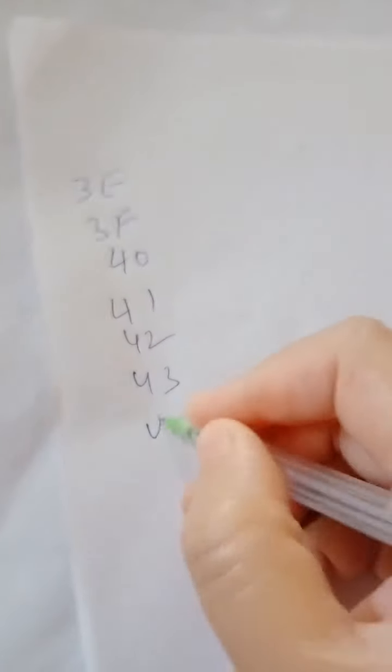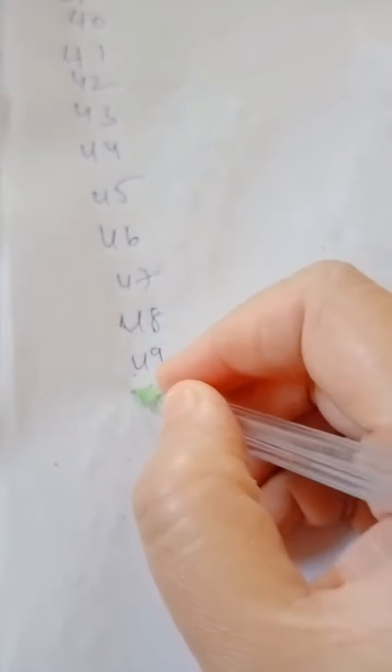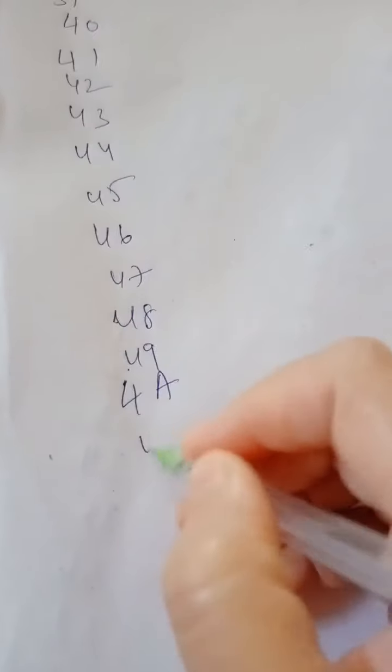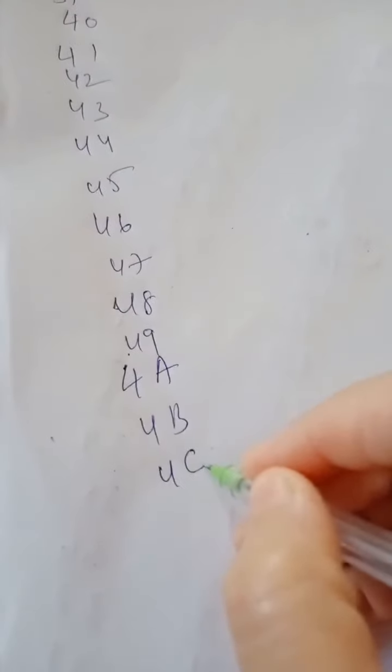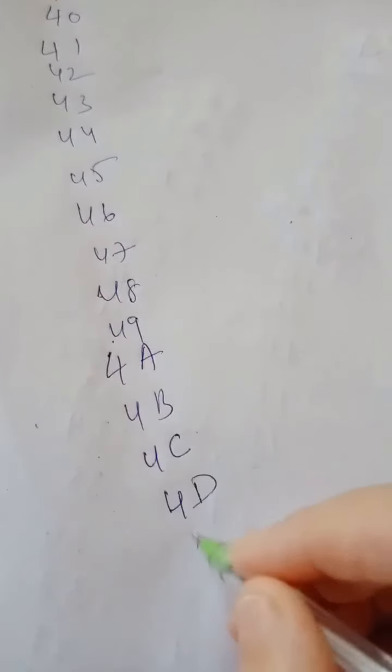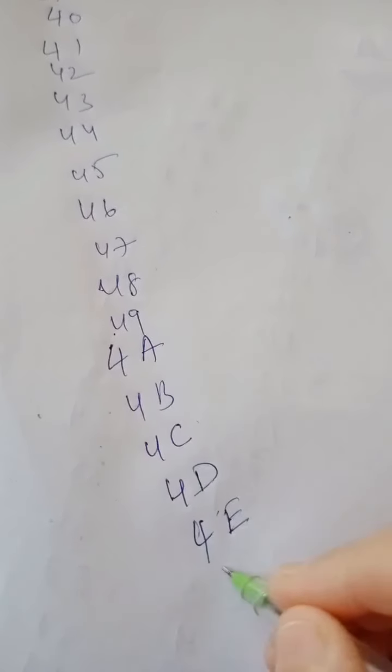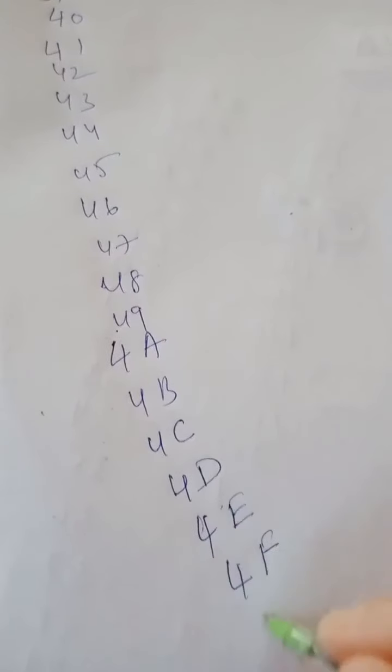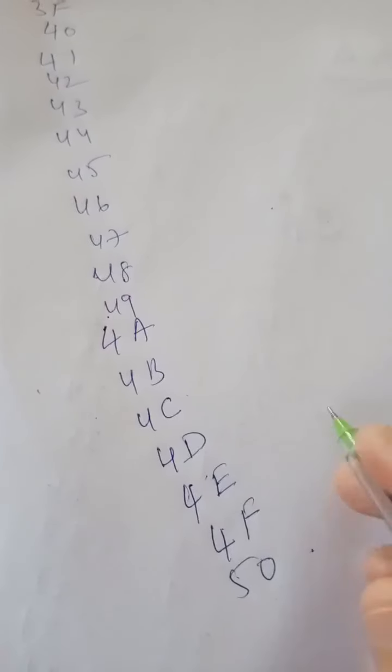Now you should write 40, 41, 42, 43, 44, 45, 46, 47, 48, 49. Instead of 50 you should write 4A, 4B, 4C, 4D, 4E, 4F, then 50. So on you have to write the hexa numbers.